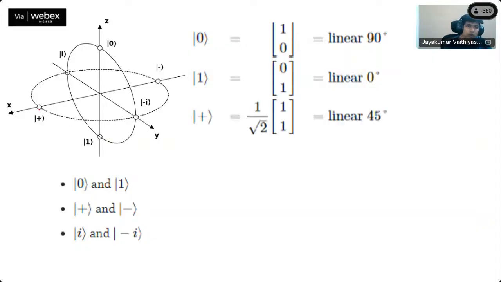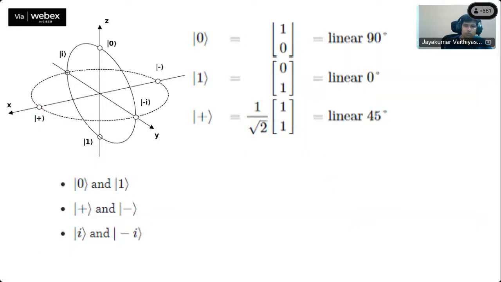Next, look at the positive state on the x-axis. The positive state contains both components, northern hemisphere and southern hemisphere, because it is on the equator. It is common to both hemispheres. But what is the component here? 1 over root 2, as in an equal right angle triangle.